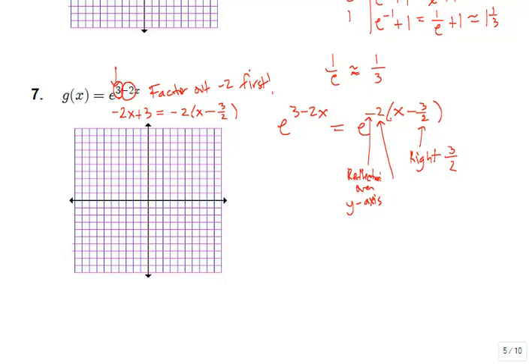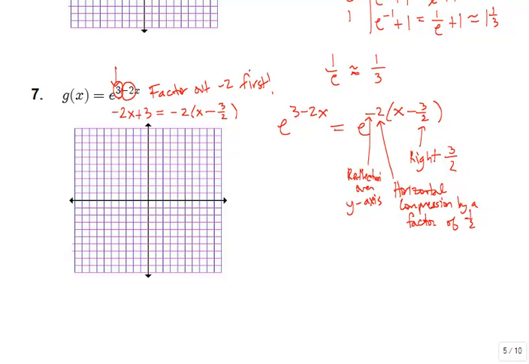So instead of thinking that this is going to stretch by 2, because it's horizontal, it's actually going to be a horizontal compression by 1/2, by a factor of a half. So what that does is it takes our x's from where they normally would be and shrinks them down by half their size. And then we reflect and we shift as well.